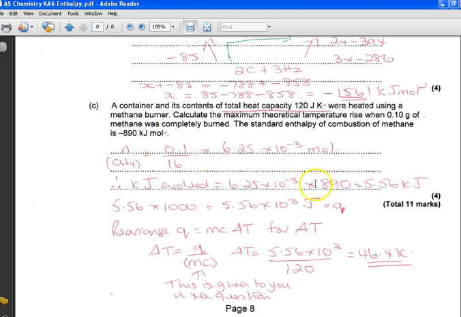If you multiply it by the number of moles you've got, that'll tell you how much energy was actually evolved. You need to convert that back to joules and then it will equal Q, because Q is in joules whereas this is in kilojoules. Then you rearrange Q equals mc delta T because you're looking for delta T. You've got Q, mc is given to you in the question and that's it.